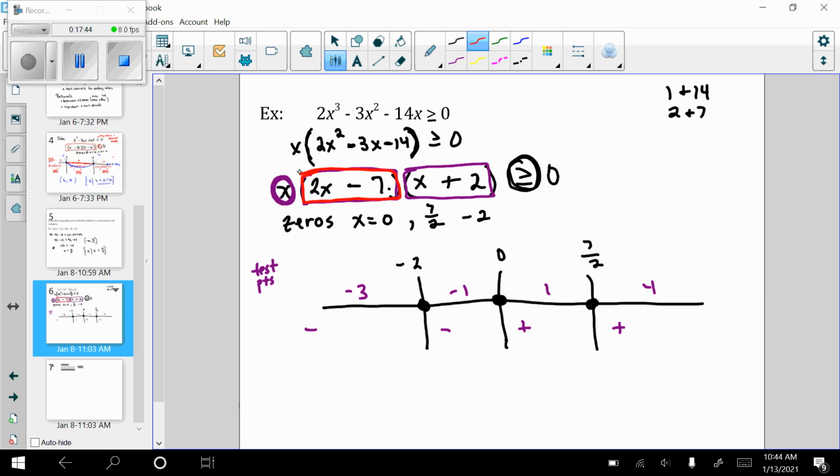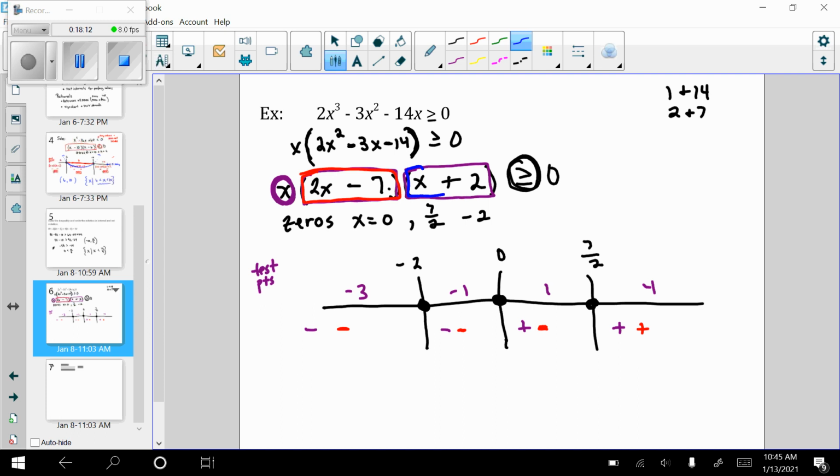Now I'm going to take those 4 numbers and I'm going to plug them into 2x minus 7. So negative 2 times negative 3, negative 6 minus 7, that's another negative value. If I put a negative 1 here, I'm going to get negative 2 minus 7, that's negative. If I put a positive 1 here, I'm still going to get a negative. If I put a 4 here, that's 8 minus 7, that's positive.